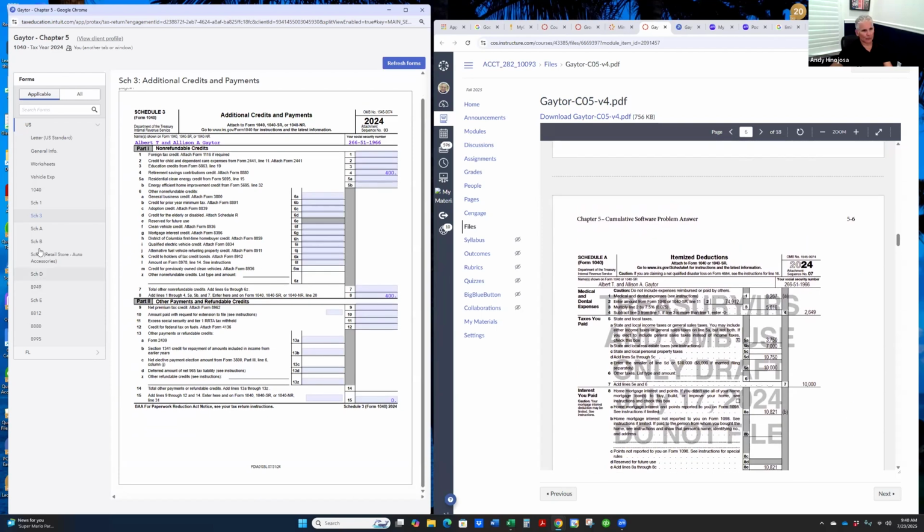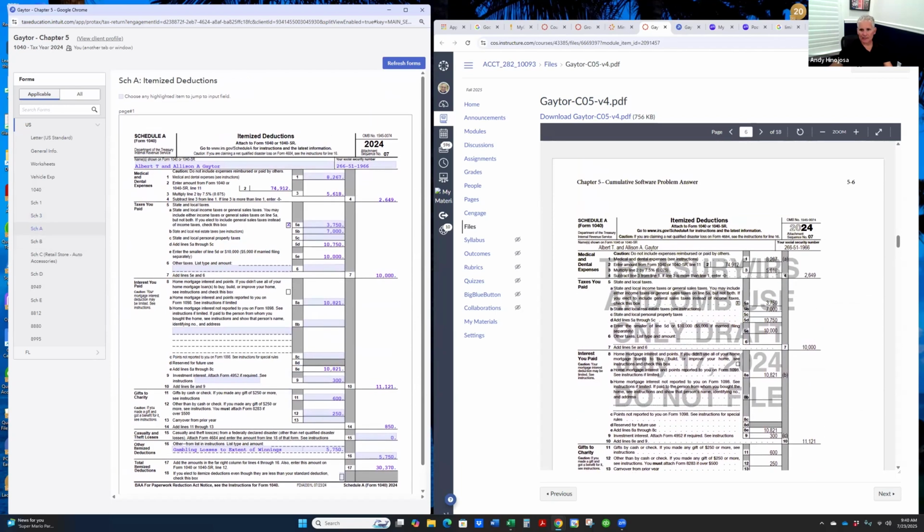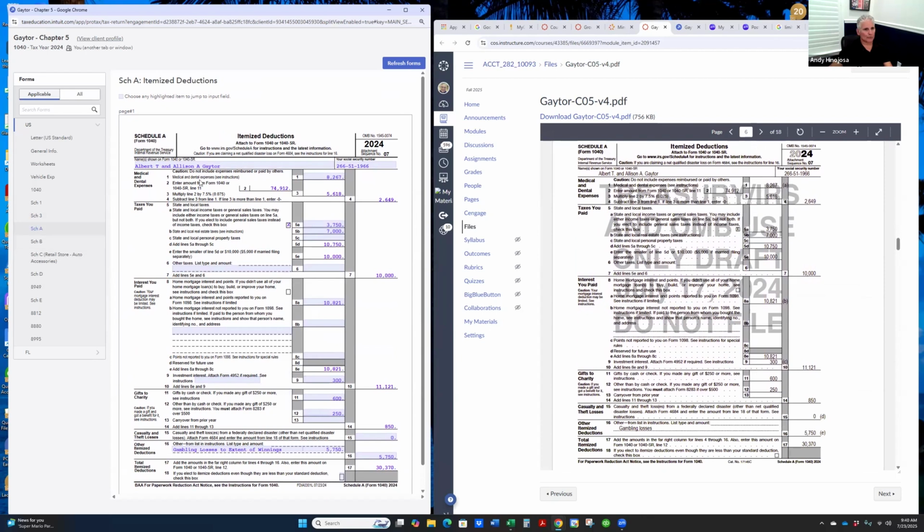We'll move on to the next form, Schedule A. This was a big one for us. The total medical expenses, $8,267. That worked out perfectly. Medical expenses can only be deducted if they are above 7.5% of your adjusted gross income.